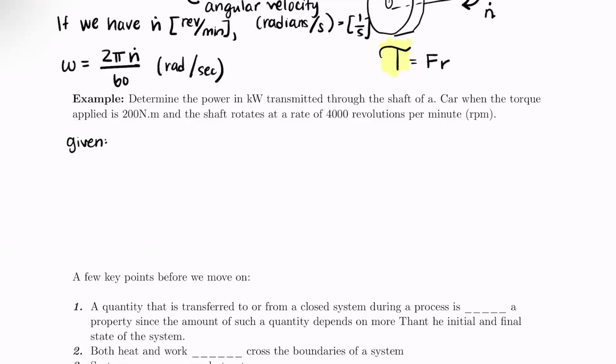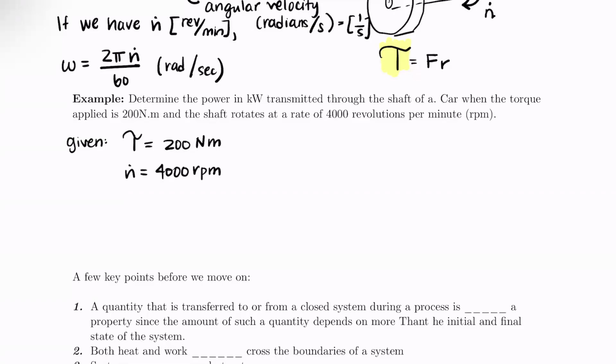We have torque. So this is 200 Newton meters. All right, and what else do we have? Yeah, we have n dot, which is 4,000 RPM.